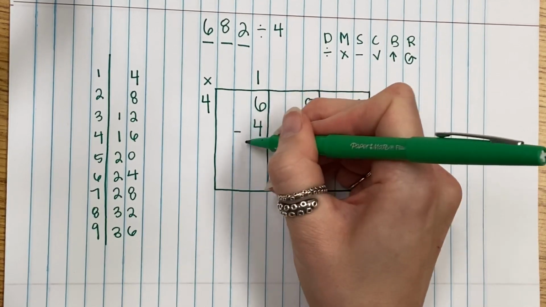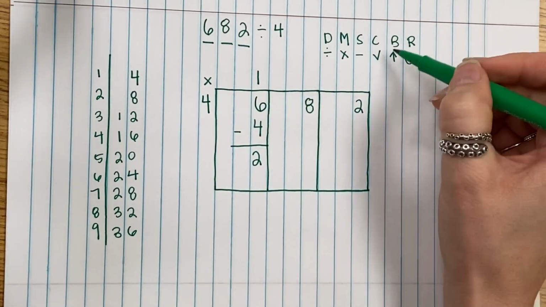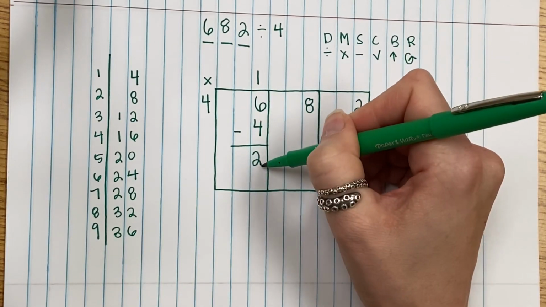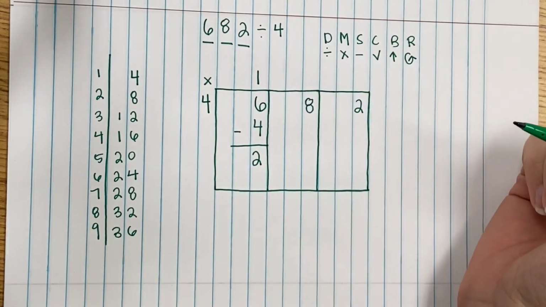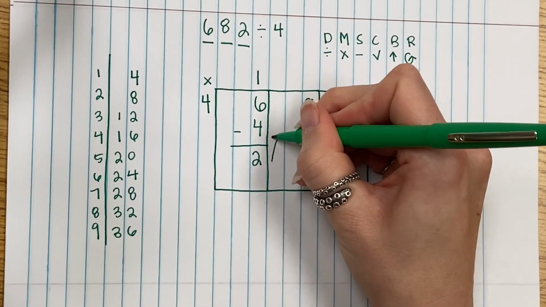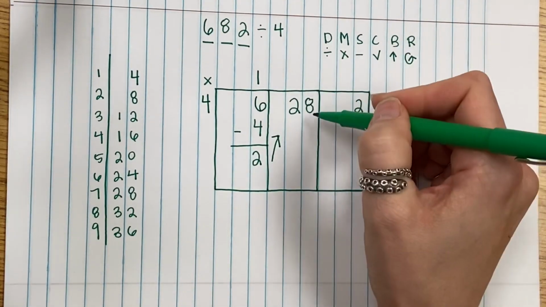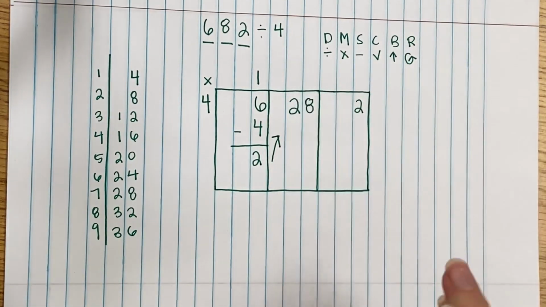After I multiply, I can subtract. 6 minus 4 is 2. Then I'm going to check. I'm going to ask myself, is my remainder smaller than my divisor? 2 is smaller than 4. So if I can answer yes, I can bring that remainder up into my next box, creating a new dividend of 28.